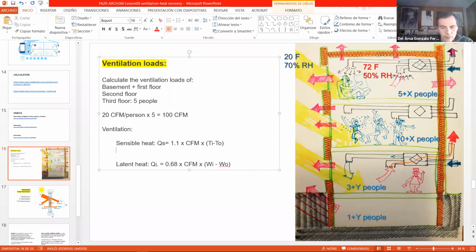So the sensible load, it's very easy because that equals 1.1 times CFM, 100, times indoor minus outdoor temperature. So that will be 72 minus 20.